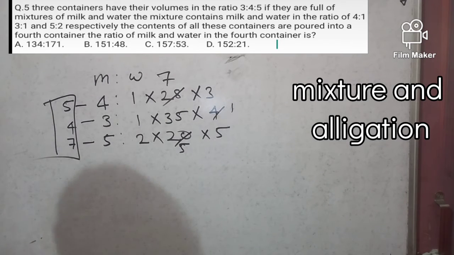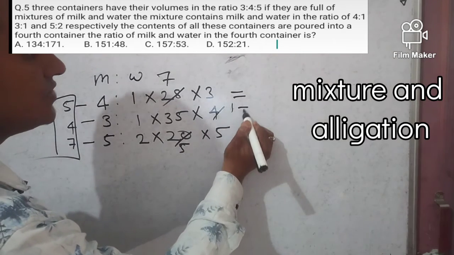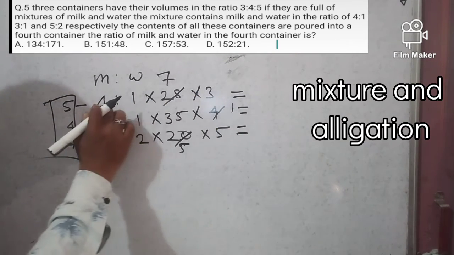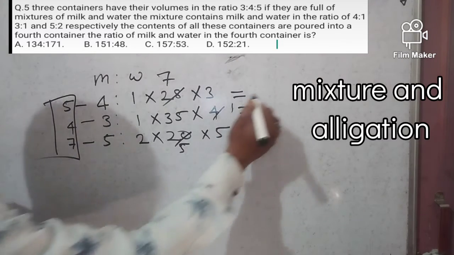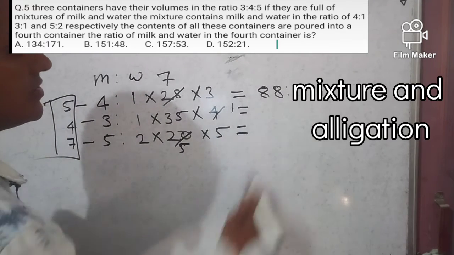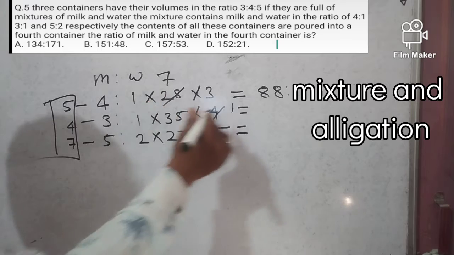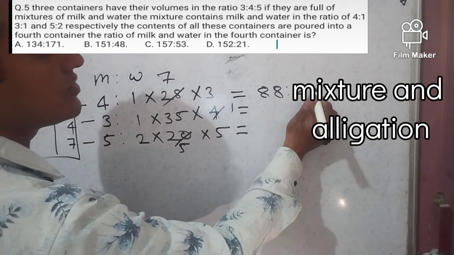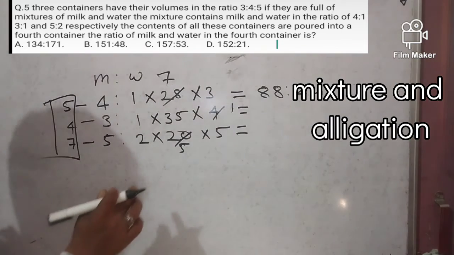No more cancellation here. So the new ratio will be, 7 times 3 is 21, 21 times 4 is 84. 7 times 3 is 21, 21 times 1 is 21, right?